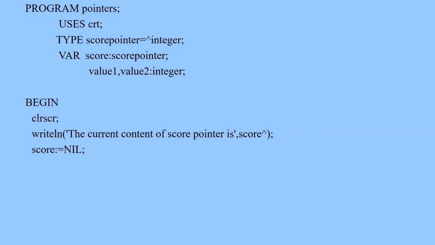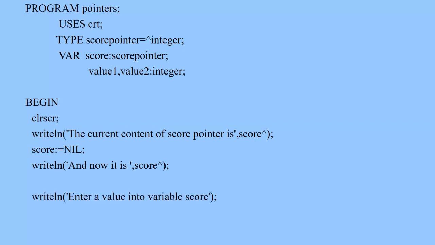This is initializing the pointer score with nil. So the next statement, we pick whatever is in the pointer variable. In this case, our pointer has been initialized to nil, and therefore we are going to have a value displayed, for example a zero, a nil value.